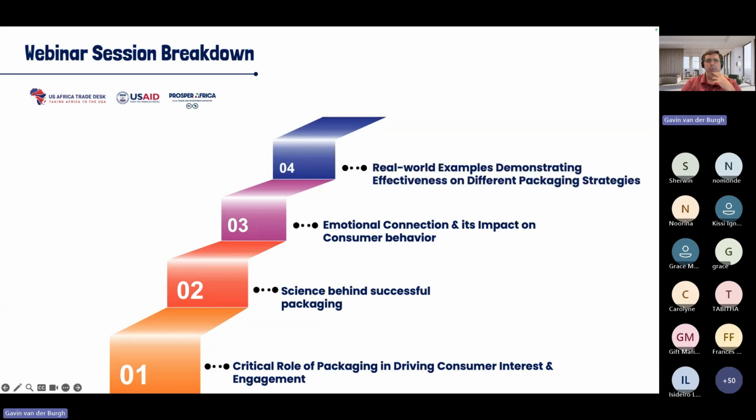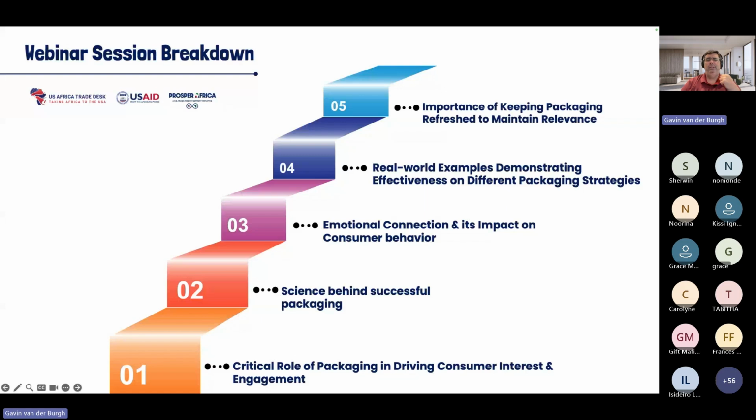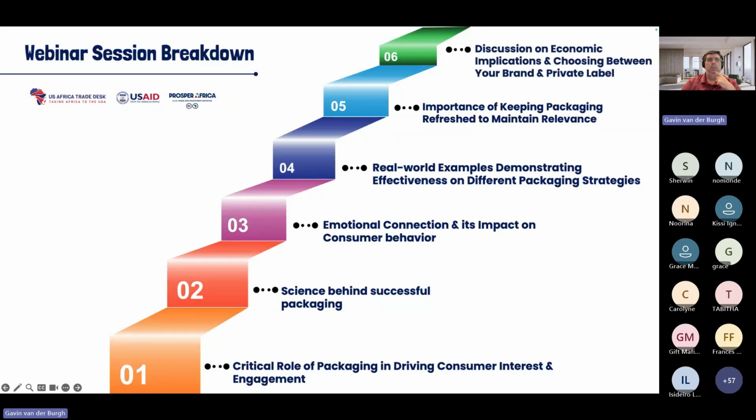We'll look at some real-world examples, iconic brands, and how they're effective and differentiated in their packaging strategies. We'll look at the importance of keeping your product refreshed to maintain its relevance. And lastly, we're going to touch on the economic implications of choosing between your brand and a private label.